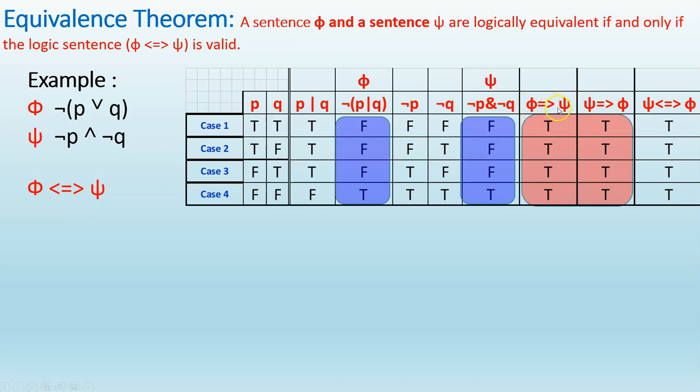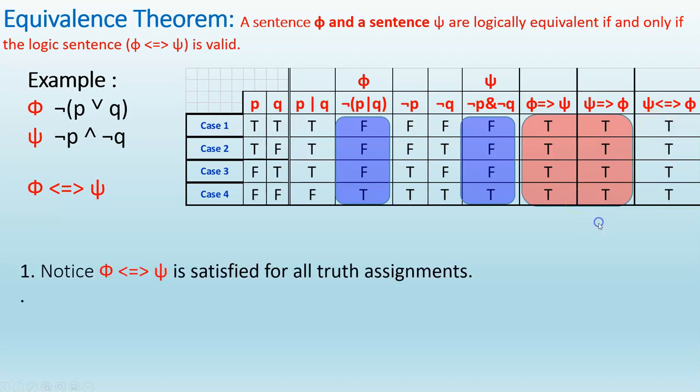Is it phi implies psi and psi implies phi? So when is this true? Whenever both of those are true simultaneously, which, by the way, is every case. So that means that this biconditional implication is satisfied for all the truth assignments. That is to say, it's true for every truth assignment, which means it's a valid sentence.